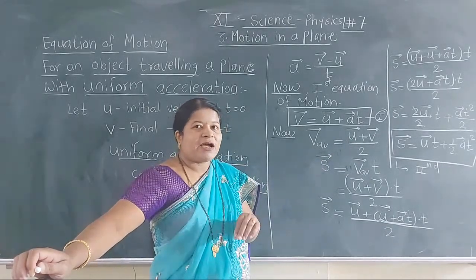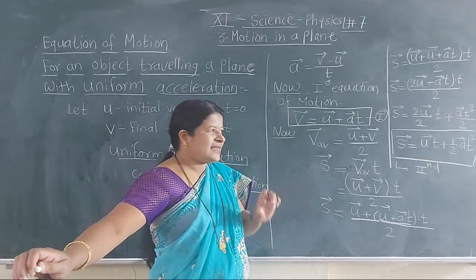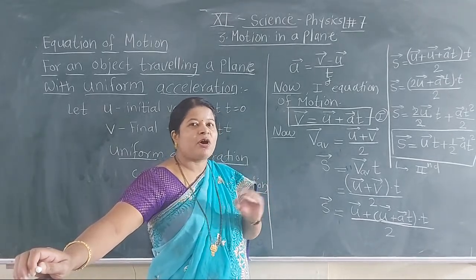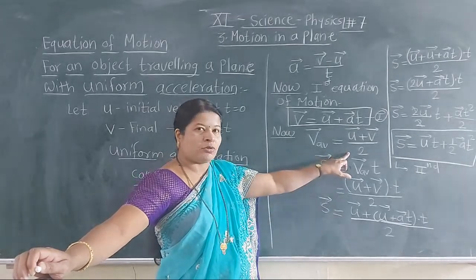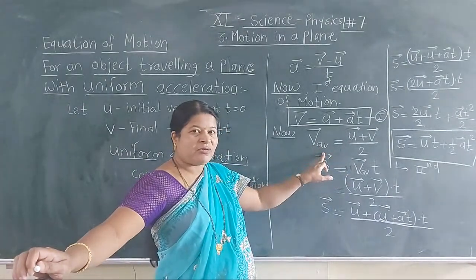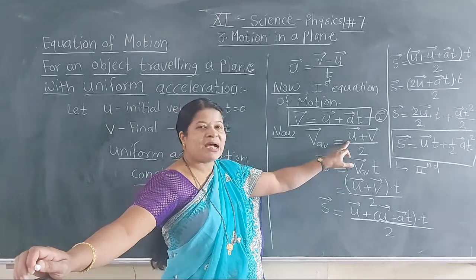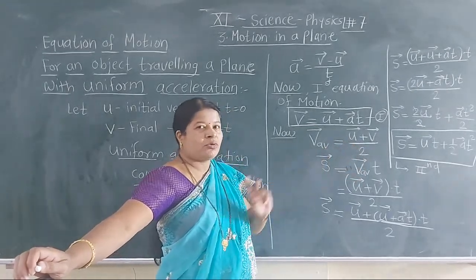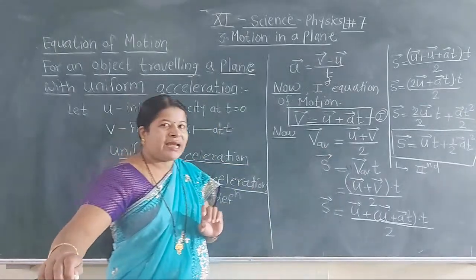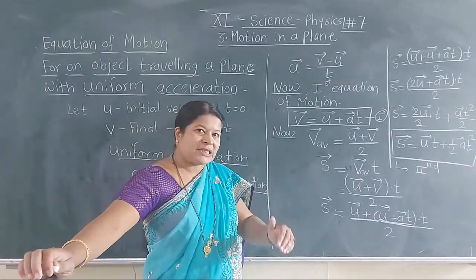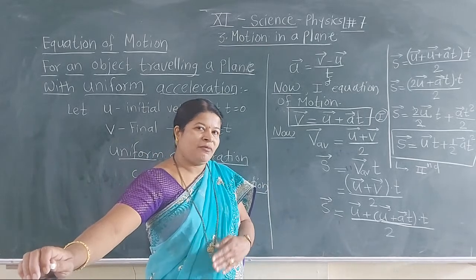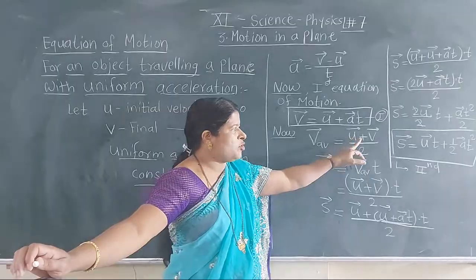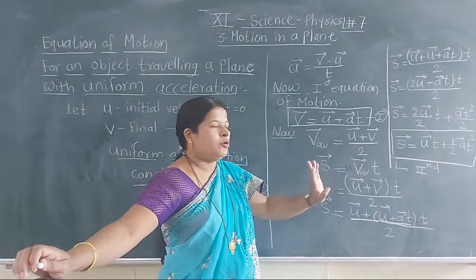Average करताना आपण काय करतो? टोटल जे रीडिंग दिलेले असतात त्या रीडिंगचं काय करतो? ॲडिशन देतो and divide by number of readings ने डिवाइड करतो. त्याच पद्धतीने आपल्याला जर ॲव्हरेज व्हेलोसिटी फाइंड आउट करायची असेल तर आपण काय करतो? वेक्टर u प्लस वेक्टर v डिवाइडेड बाय 2, because in this case we get only 2 velocities, initial velocity and final velocity. Therefore, vector v average is equal to vector u plus vector v divided by 2.